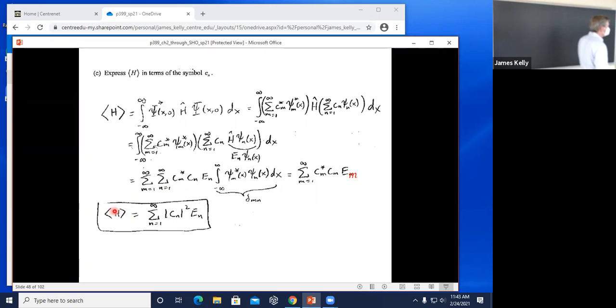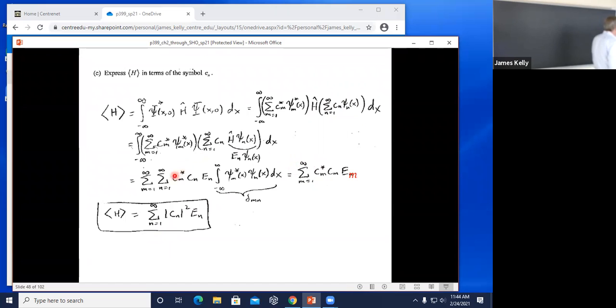The expectation value of the energy is the sum from 1 to infinity of the magnitude of Cn squared. Remember, those Cn's were whatever, at time t equals 0, we're going to take whatever shape we say is our initial condition, or initial shape of the wave function, and write it as a linear combination of these psi n's. We're treating them like basis functions, just like you would write an arbitrary vector as a linear combination of x hat, y hat, and z hat in 3 dimensions.